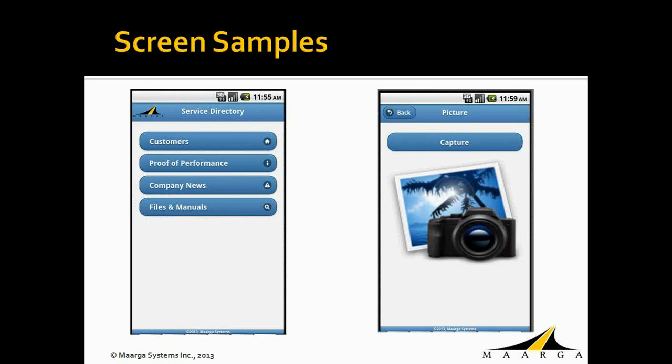So for that purpose, the service engineer would click on the proof of performance button and invoke the phone's camera. Clicking on the capture button would capture a picture, and the picture can be stored in a back-end content management system directly.